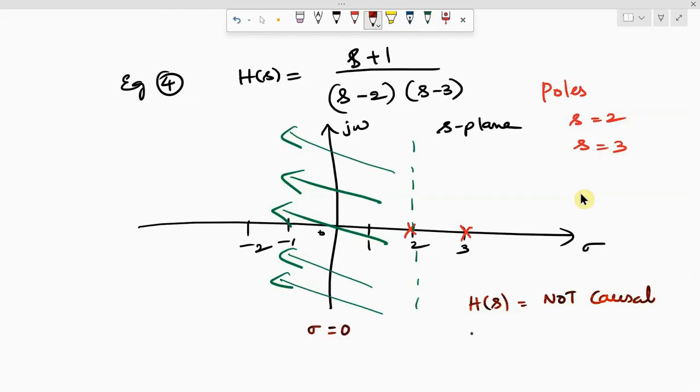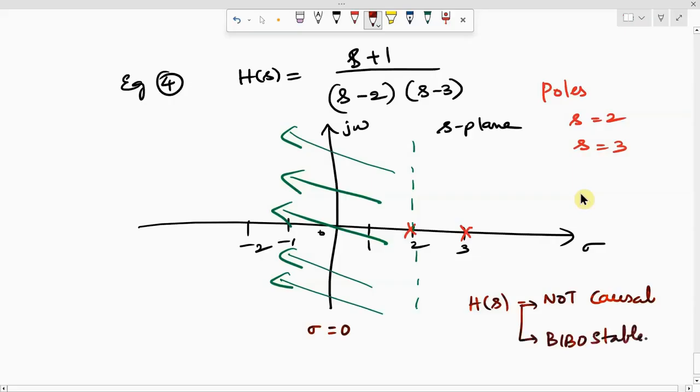Why is it BIBO stable? It contains the line sigma equal to 0. Right. H of s is not causal, but it is BIBO stable. Okay. So we may have such systems. If H of s has such poles and the ROC is like this, then this is a good example for a system not being causal, but BIBO stable.